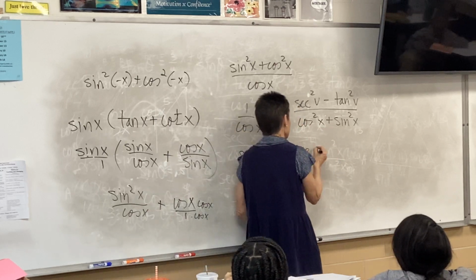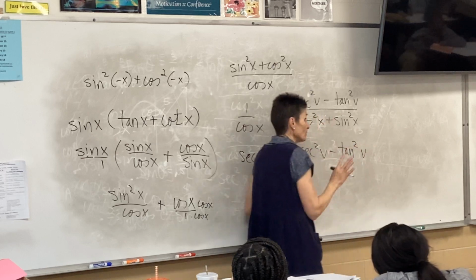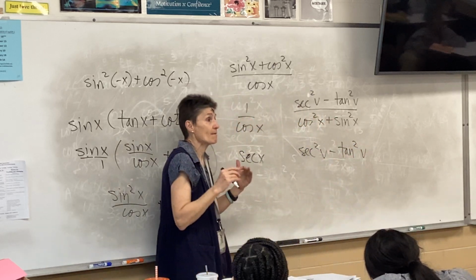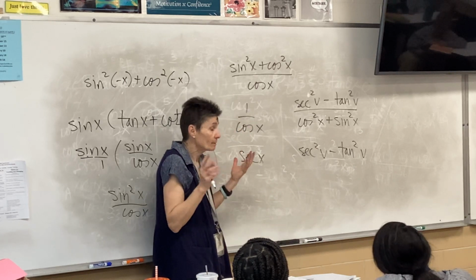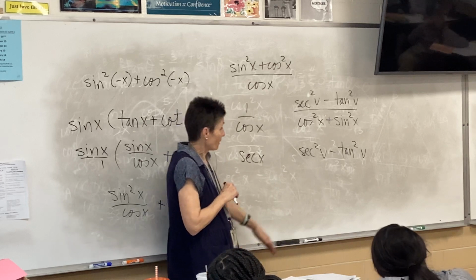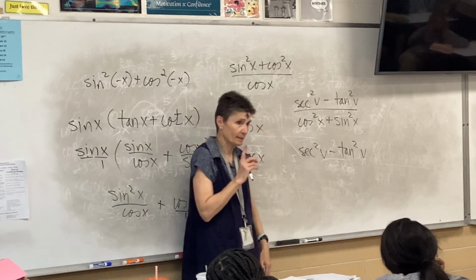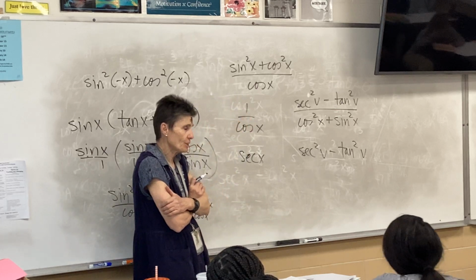So I've got this secant squared minus tangent squared. The letter is irrelevant. It's a variable. So I don't care what you make it, an A or something. I don't care. It's fine. Now, when you look at your sheet, this is a little tricky. You look on your sheet.